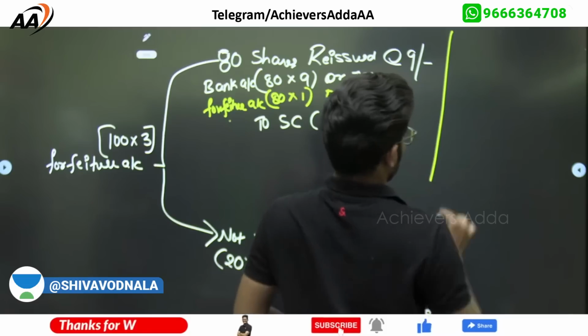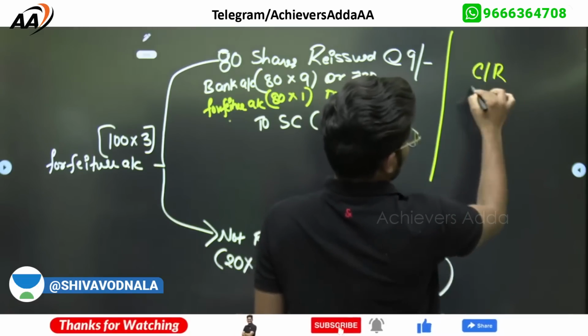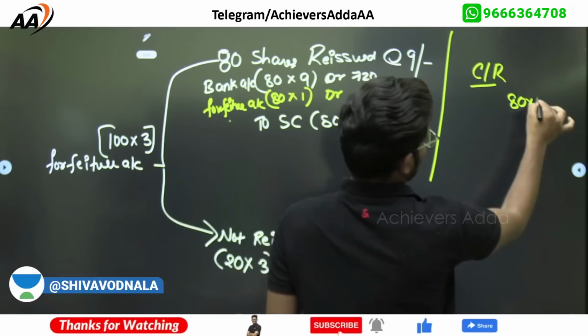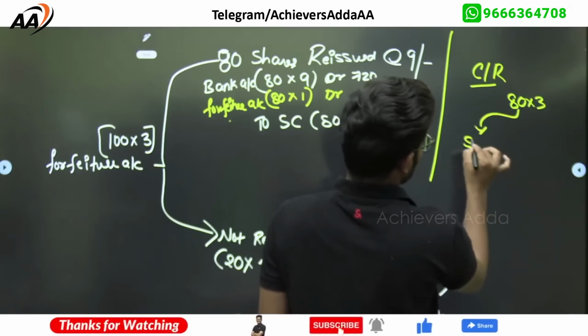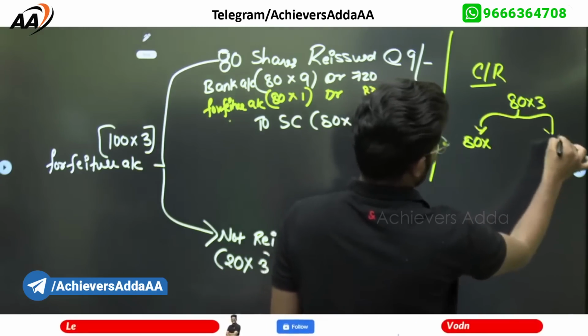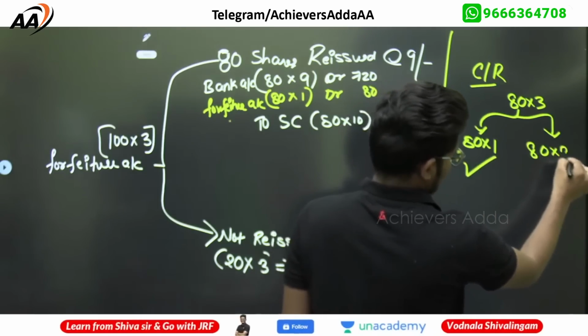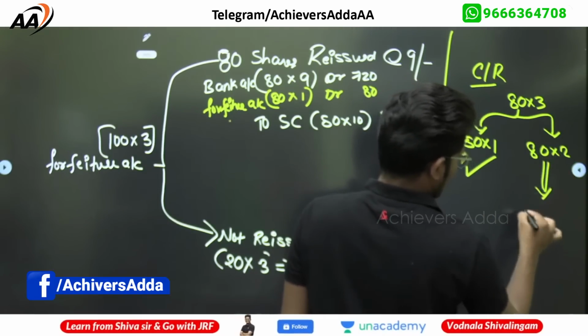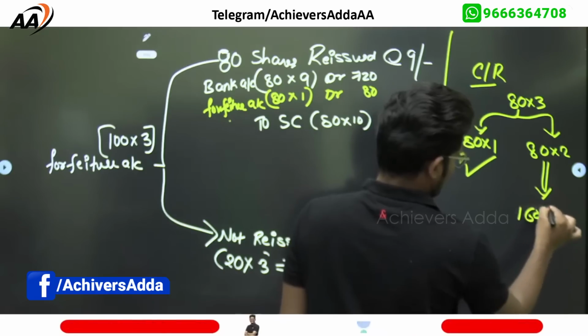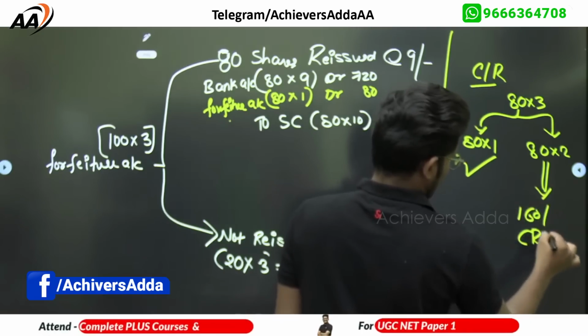How much amount will be transferred to capital reserve? Out of the 80 into 3 rupees, 80 into 1 rupee got utilized. So 80 into 2 rupees, which is left over now on the reissued shares only, that is 160 rupees, will be transferred to capital reserve.